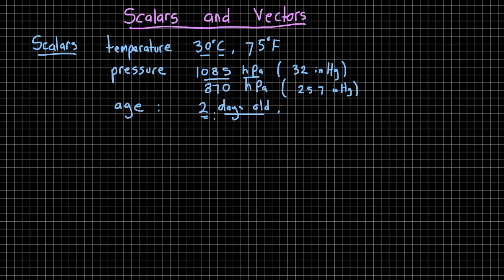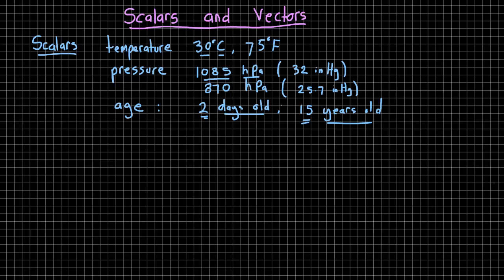Most of us are not 2 days old, and we need to measure age in a bigger quantity than that. So somebody might be 15 years old. But you see the idea here, that we've got a unit and we've got a quantity. A quantity and a unit.